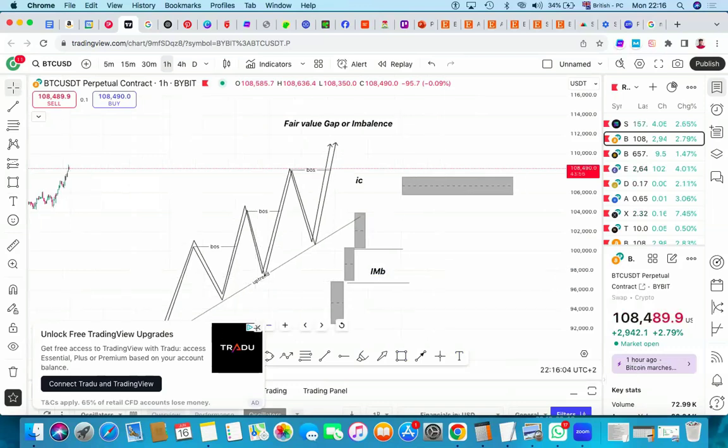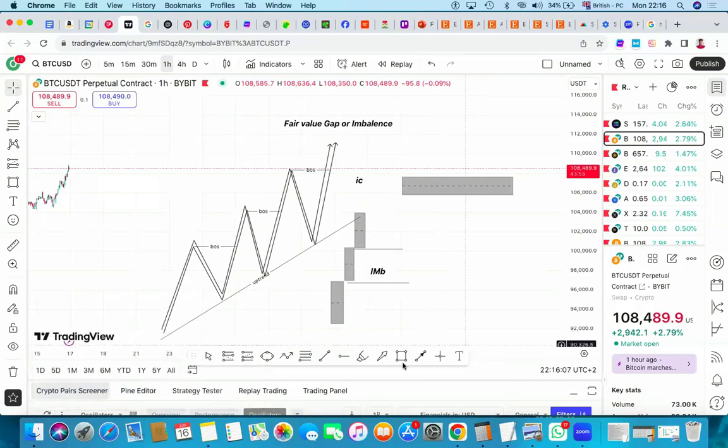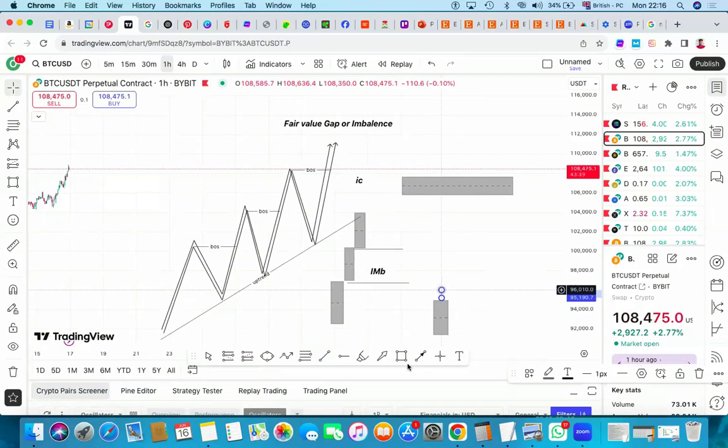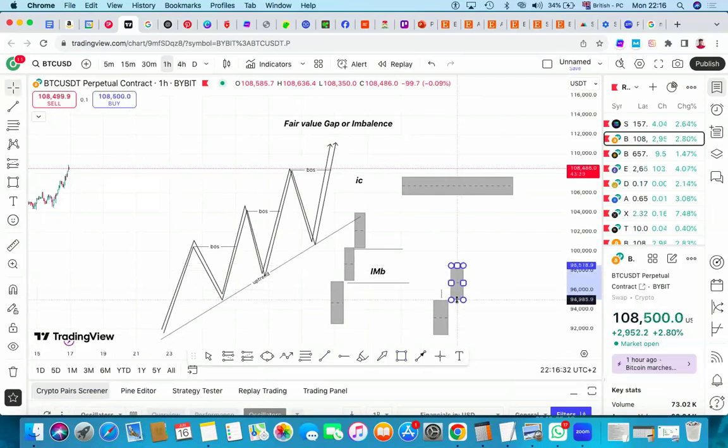So some other scenarios where you have your Marubozu candle forming like this, and you have a wick. And then you see another candle forming like this. So let's say there's a candle forming like this, and this also is having a wick.